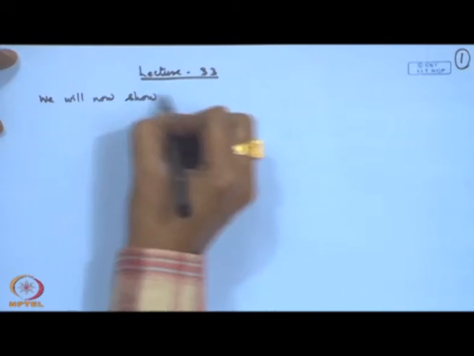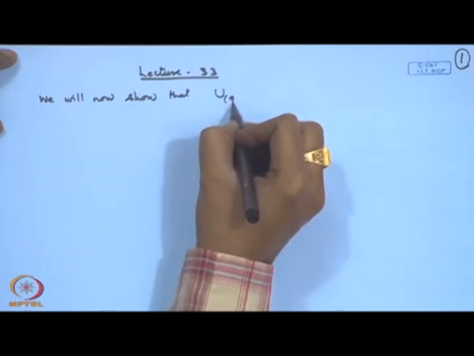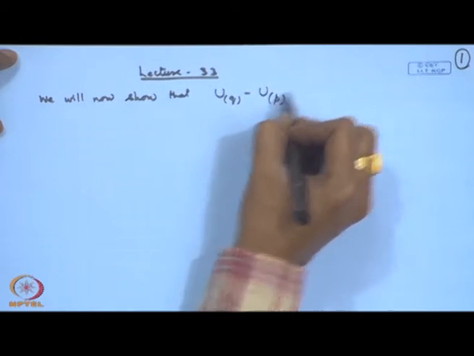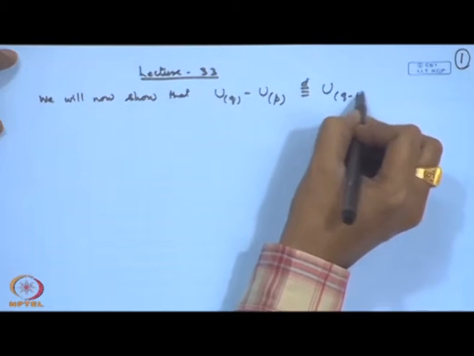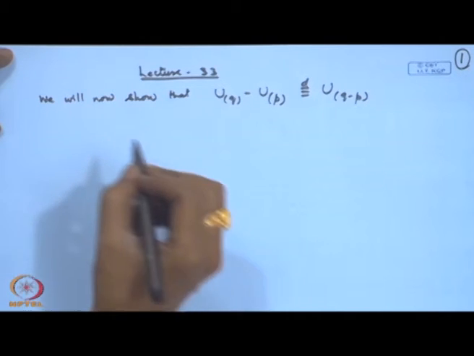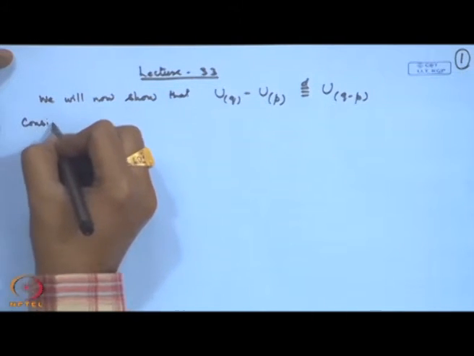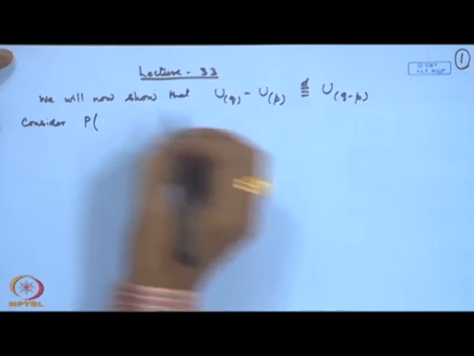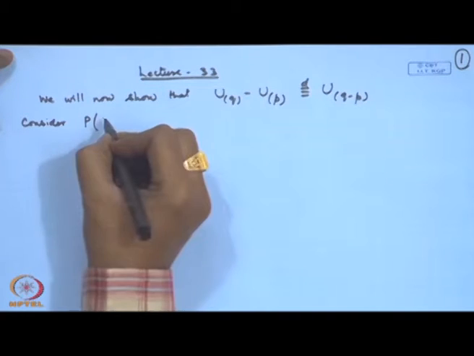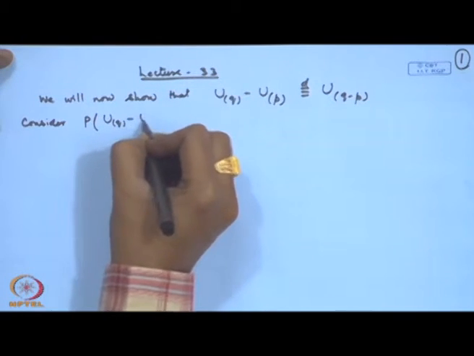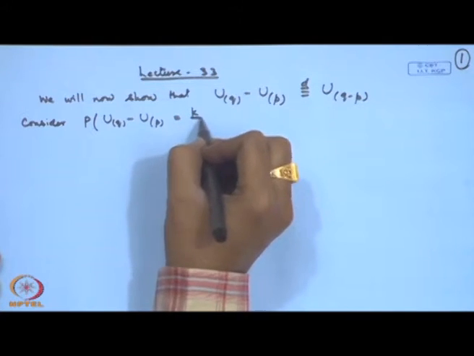We will now show that the distribution of u q minus u p is the same as the distribution of u q minus p. So, for that let us consider the distribution of u p and u q. So, u q minus u p is equal to say something like k by m.